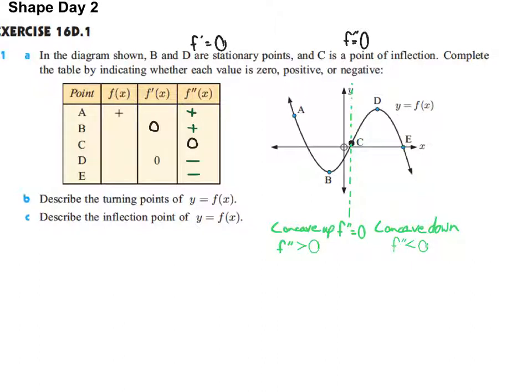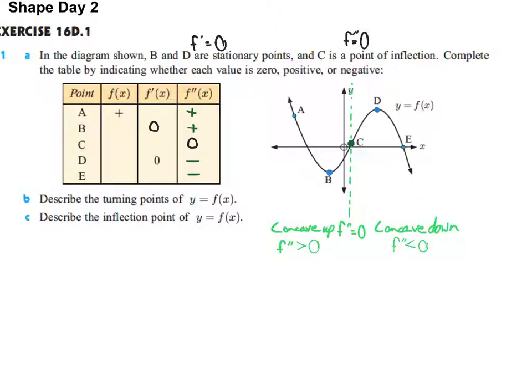Now we were told B and D are stationary points. Let's do the first derivative in blue. If B and D are stationary points and C was a point of inflection, from what we looked at and what you had to quiz over, we have three different intervals where we are either increasing or decreasing.